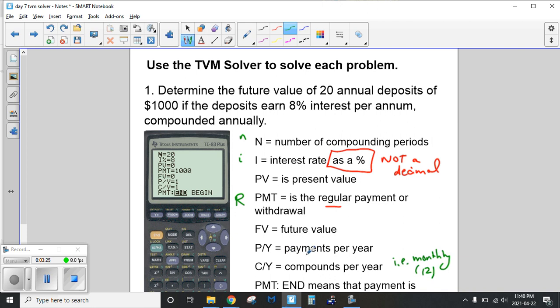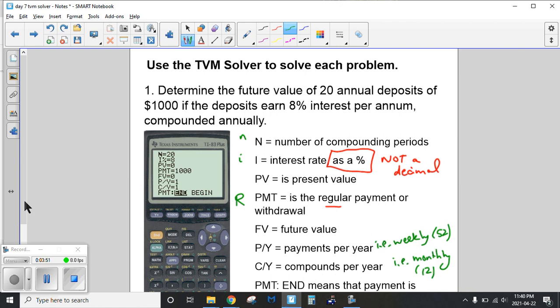Payments per year is the same idea, but maybe you are wanting to make your payments weekly. So maybe you have weekly payments, even though the interest is being compounded monthly. So those are allowed to be two different numbers. Usually for us, they're going to be the same. So compounding monthly and depositing money monthly, but they could be different.